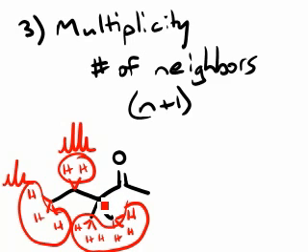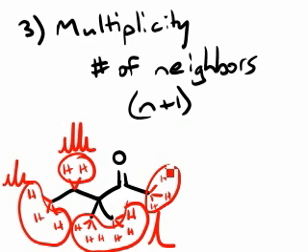None. There's no hydrogen atoms here. So these 6 protons have 0 neighbors. n+1 rule, 0 plus 1 is 1, a singlet. So this signal is going to be a singlet. What about this signal right here? We've got 3 hydrogen atoms here. How many neighbors? We move over 1 carbon atom. There's no neighbor.